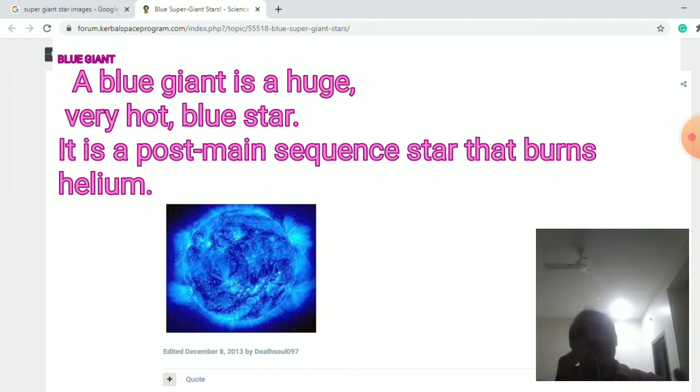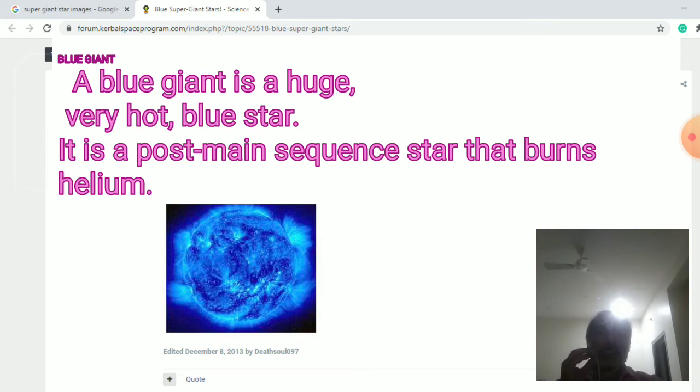Next, blue giant. A blue giant is a huge, very hot blue star. It is a post main sequence star that burns helium. So a blue giant is also a very massive star, which appears blue in color.